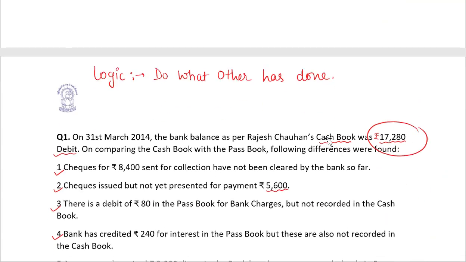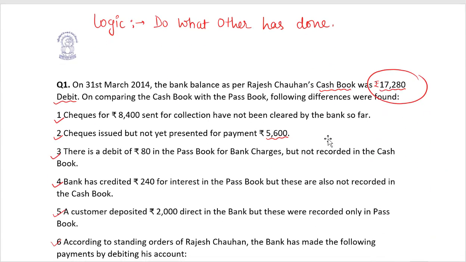Now try to read the question. The first point, check for 8,400 sent for collection has not been cleared by the bank. That means we have sent this check for collection, so we have added it in the cash book, but the bank has not made any entry.